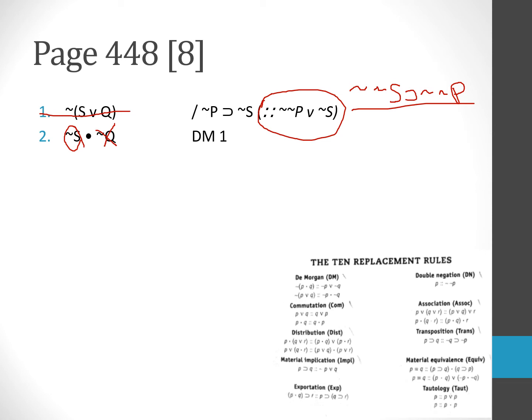Another thing that I considered here, besides transposition, was the material implication. With material implication, you turn a horseshoe into a wedge, and then you negate the antecedent. So that would give me not P or not S. Why would that be helpful?